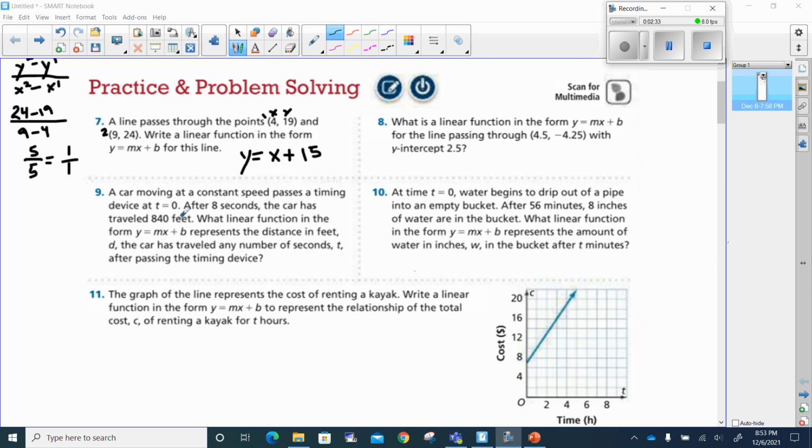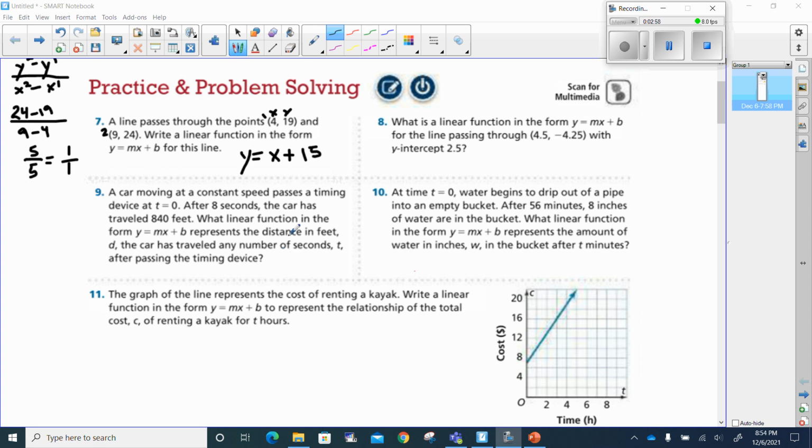Okay. What linear function in the form of y equals mx plus b represents the distance in feet D the car has traveled any number of seconds, which we will call t, after passing the timing device.